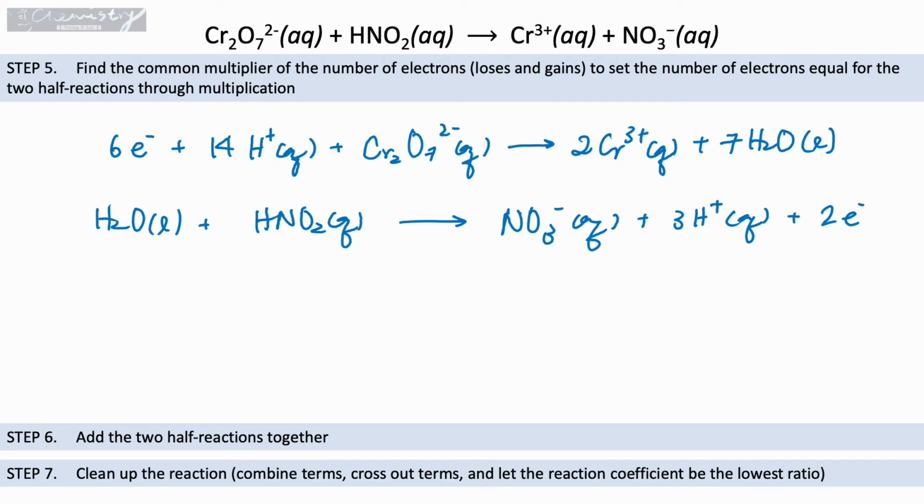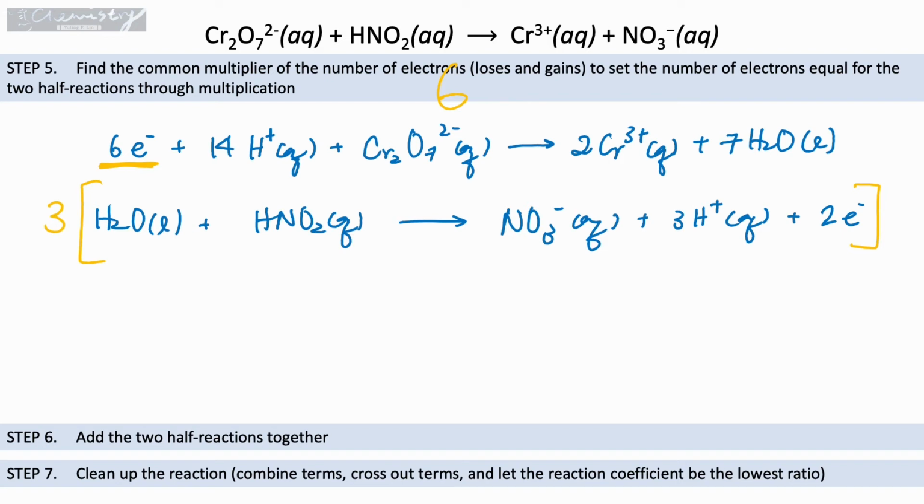So looking at this, the least common multiple we have to find is between 6 and 2, which is going to be 6. And then we are going to multiply the equation by a number so that it becomes its least common multiple. So for the first one, it's already 6, so we don't need to do it because our goal is 6. The second one is 2, so we have to multiply the entire thing by 3.